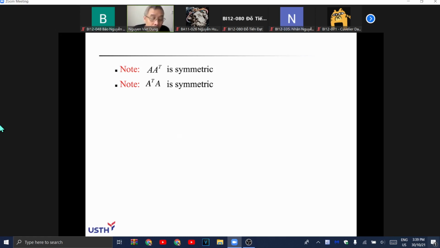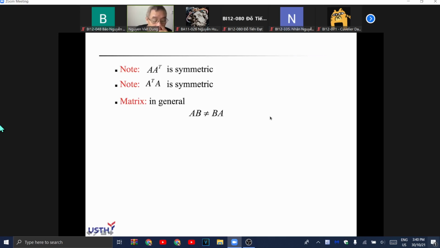You remember that the requirement for defining the product AB is that the number of columns of A must equal the number of rows of B. And here, in both cases, it is satisfied naturally. And then the second homework, please verify that both products A A T and A T A are symmetric matrices. So please verify it.